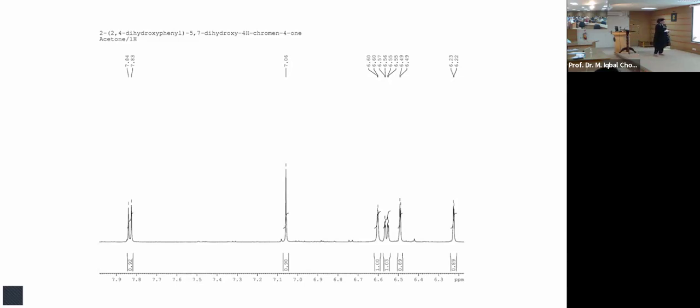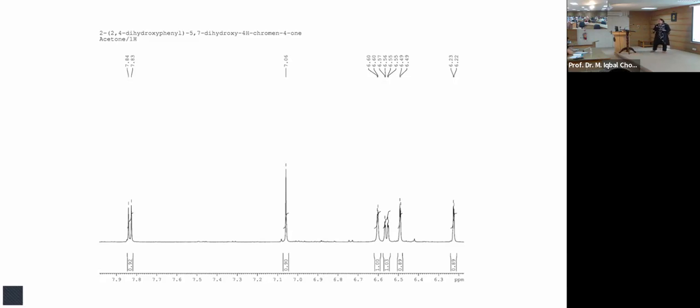So here, looking at the chemical shift, we have 7.8. Now, I would like all of you to calculate the J value of this proton. Calculate the J value. You don't know? Dr. Iqbal in the last class discussed the couplings, right?